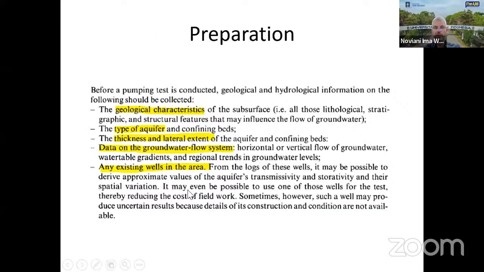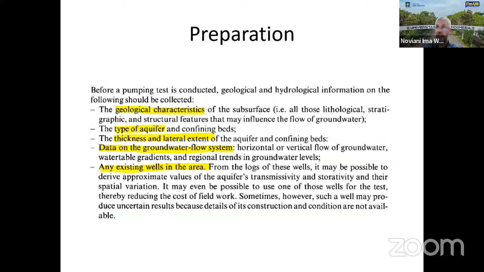So a pumping test is not something where you just show up and start pumping from a well. It requires some homework that needs to be done before you start a test. The homework means, as a hydrogeologist, you first have to think about, where am I conducting this test? What are the geologic characteristics of the area where I'm running the test?